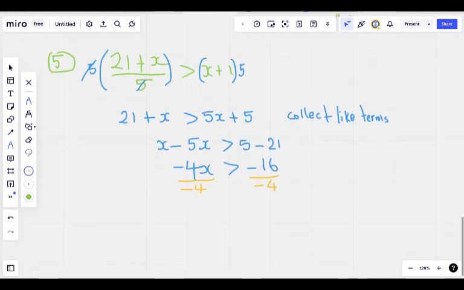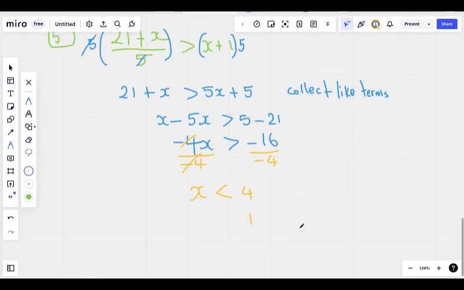So whatever you do to the left side, you must do to the right side. So this negative 4, we cancel it. Only x will remain here. And anytime you divide by a negative, this sign will swap. It used to be greater than, it becomes less than. Negative 16 divided by negative 4, we get 4. So x is less than 4.